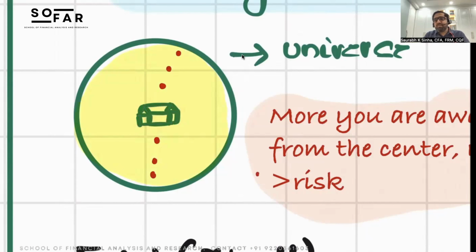But if you move away from your home to the next district, to the next country, maybe the next planet, it doesn't matter, there would be more risk that you're taking. So the farther you are from the center, the more risk and fear you feel. And that human emotion is not captured in mean absolute deviation.